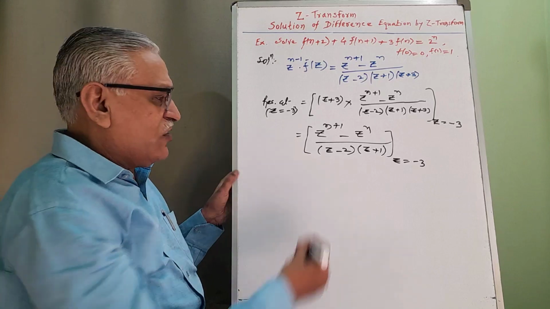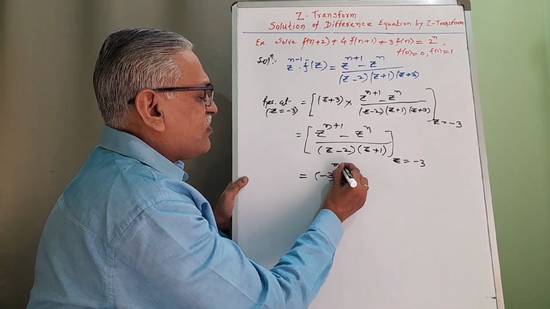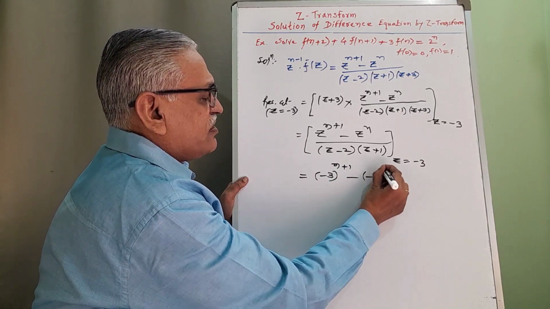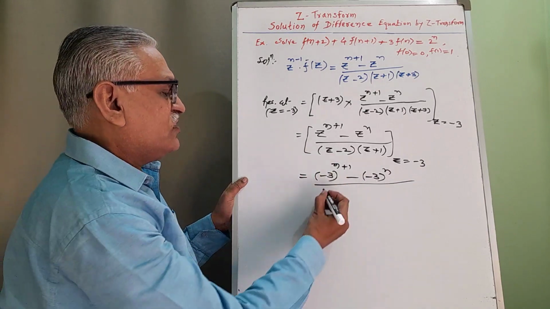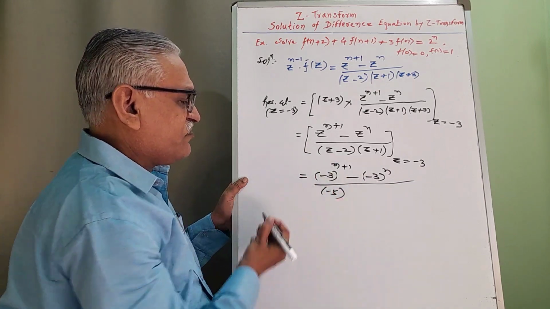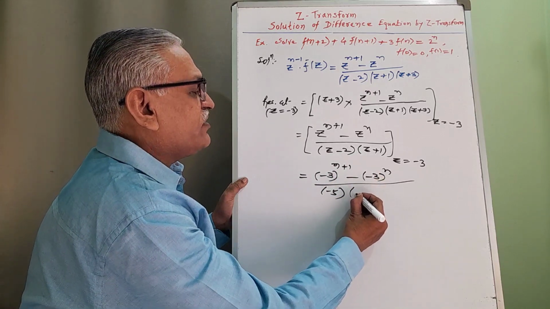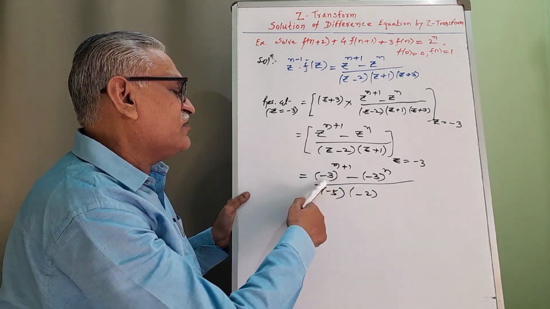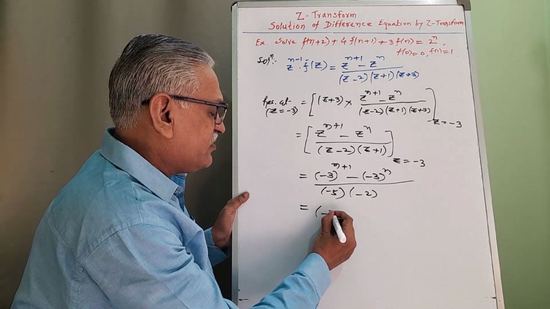Substituting the value, we get minus 3 raised to n plus 1 minus minus 3 raised to n divided by minus 3 minus 2, that term is minus 5, and minus 3 plus 1, we get that term as minus 2. Therefore, from these two terms I can take minus 3 raised to n common.